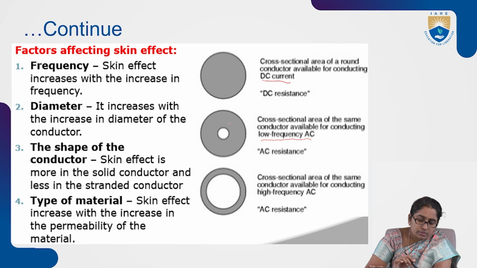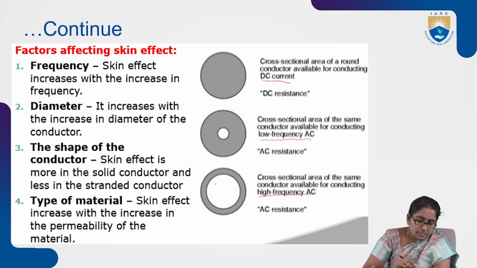So this is how the low frequency AC current is distributed over the cross sectional area of the conductor. Next, if we look at the high frequency AC current, this is how the current flows through the conductor.